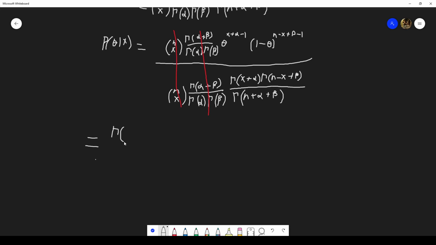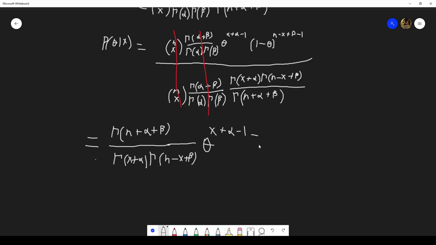And this becomes gamma of n plus alpha plus beta divided by gamma of x plus alpha times gamma of n minus x plus beta, times theta to the x plus alpha minus 1, times 1 minus theta to the n minus x plus beta minus 1.